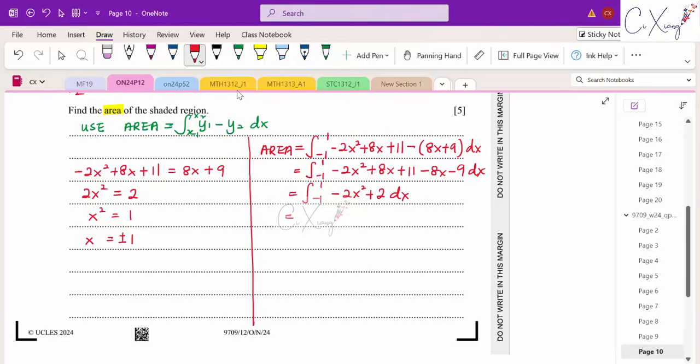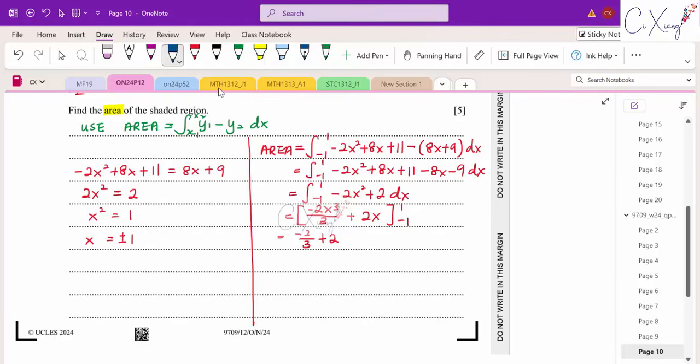So integrate negative 2x squared. I'll be having negative 2 is a constant, I just copy. X power plus 1 becomes a 3 divided by the new power. And then integrate the 2, you have a 2x. Then you need to substitute in the value of 1 and also negative 1. Alright, so substitute 1 into the equation, you'll be having negative 2 over 3 plus 2.